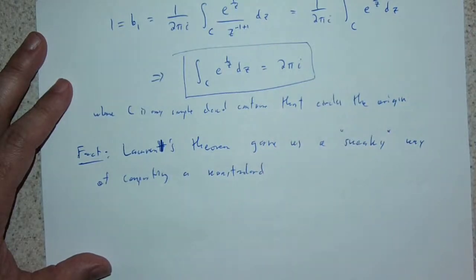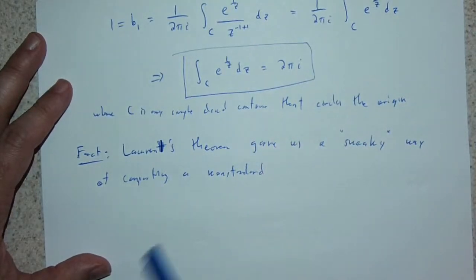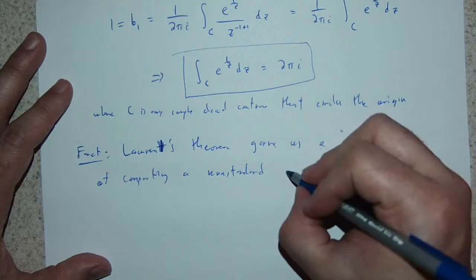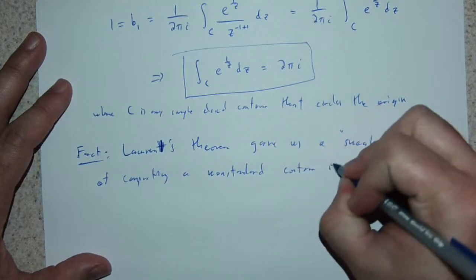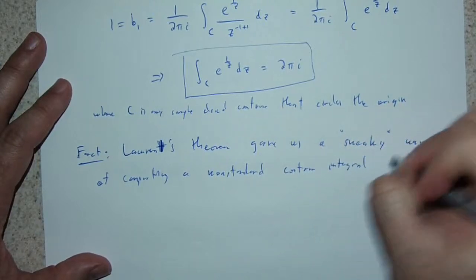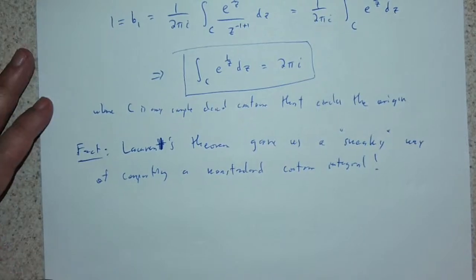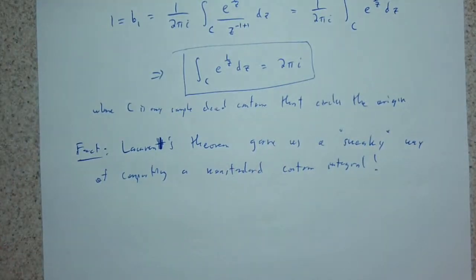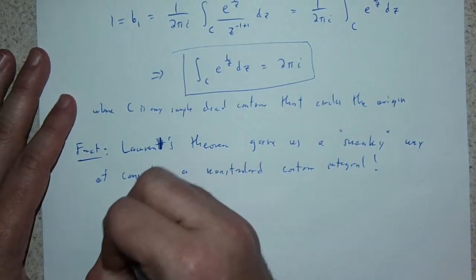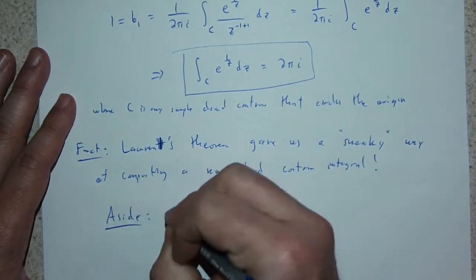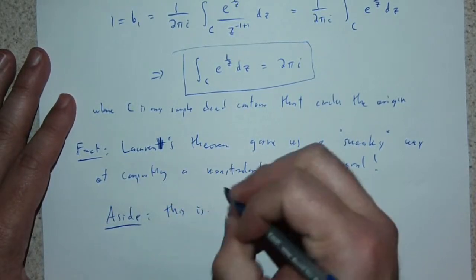I don't know if I want to call it non-standard because you're going to be doing this kind of thing a lot, but for now it's non-standard. This is our first example of the residue theorem. Okay, so here's my aside. This is our first example of the residue theorem.